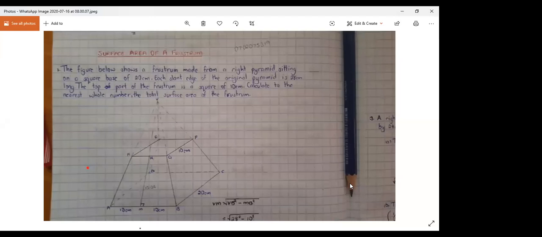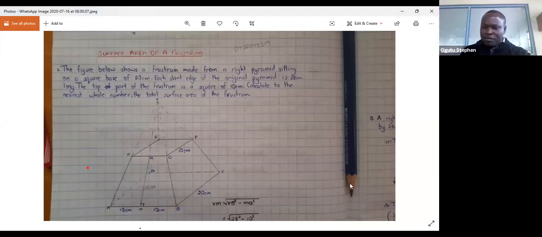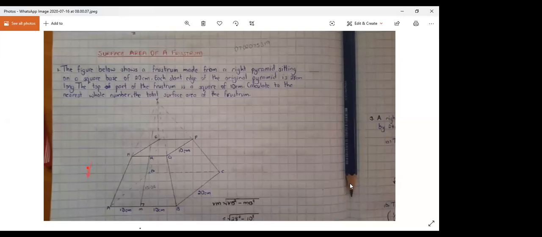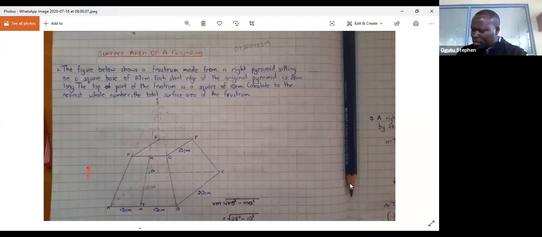Now, can you get the area of the now VAB? A half times 20, that's the base, times our height 26.15. Now, area of the VHG, a half times 10 times 13.08. Nani ameshapata hii ya big triangle? 1046.14.